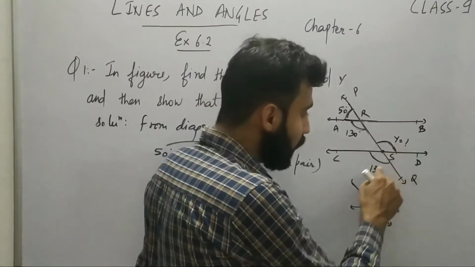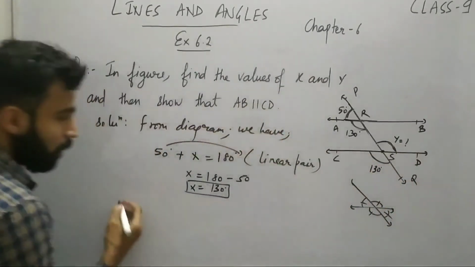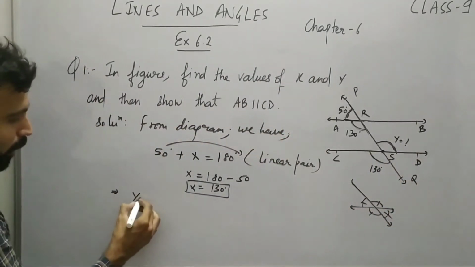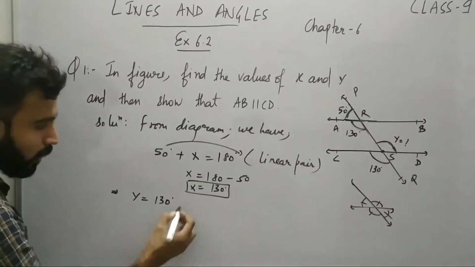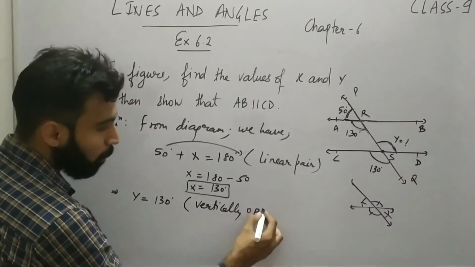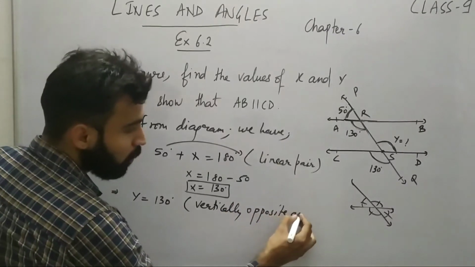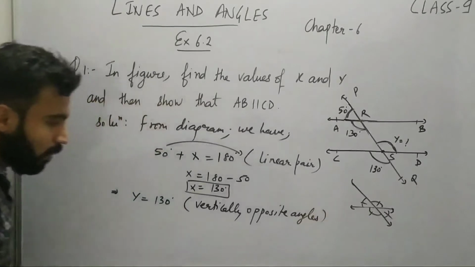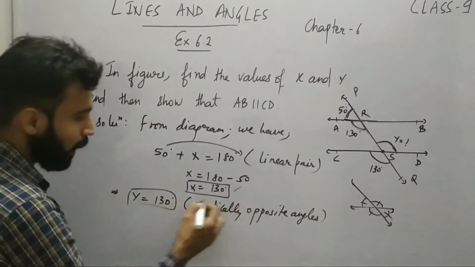That means angle y is equal to 130 degree. Now let me just write that y is equal to 130 degree, vertically opposite angles. Right?